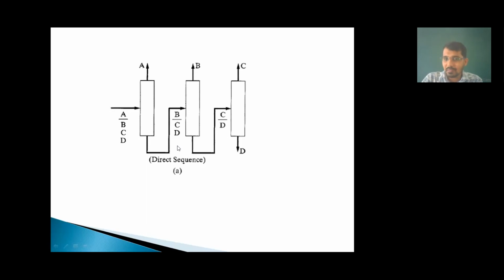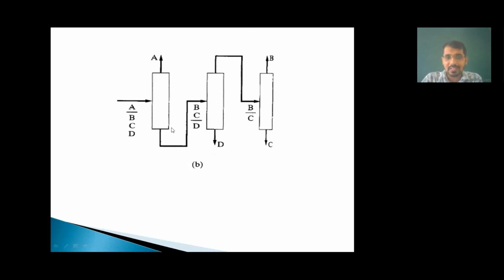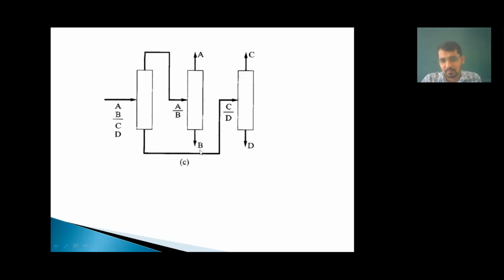How to calculate the best sequence? You just add the marginal vapor rate values for A/BCD plus B/CD plus C/D. You have to add the values of these 3 terms in each figure. Similarly in the second figure, A/BCD, then BC/D, and finally B/C. Calculate for each and every figure.